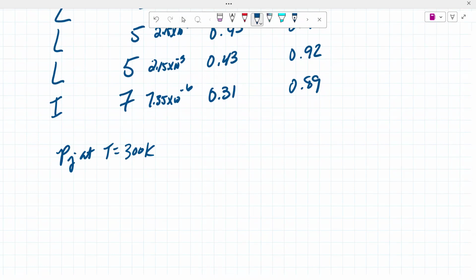Okay, so we have the numbers here, right? So the thing is that it's a bar graph. Okay, so this is your, not your energy, this is your population.